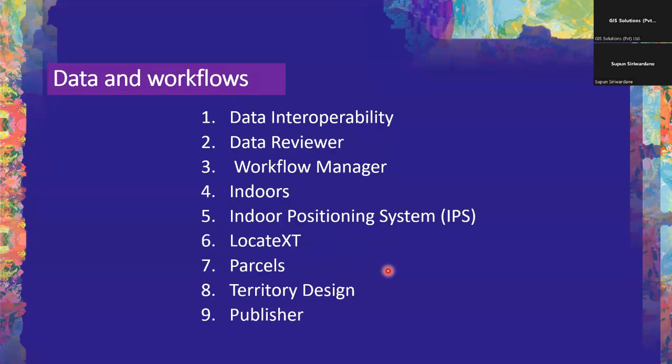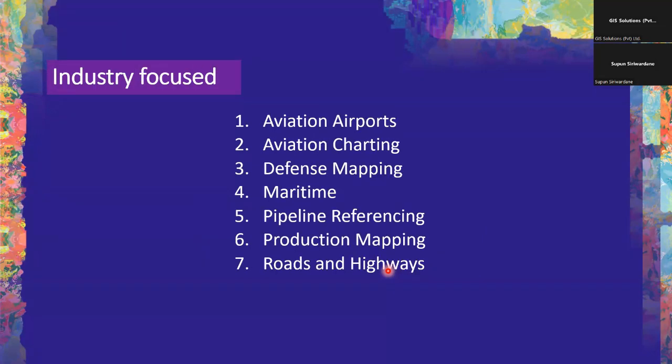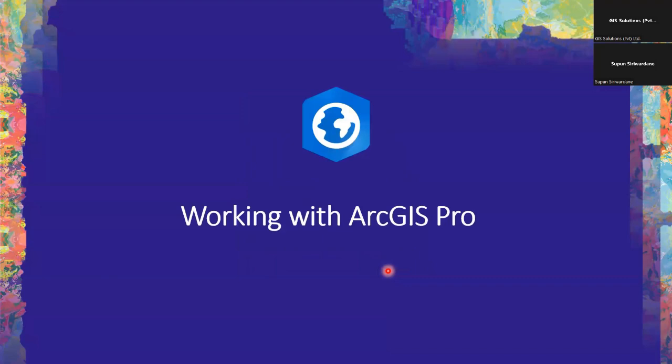And there are some other extensions related to data and workflows. And also industry-focused extensions are again available for Pro. So that means the total ArcMap extensions and some new extensions have been built into Pro. Then how to work with this particular software? That is what we need to learn.